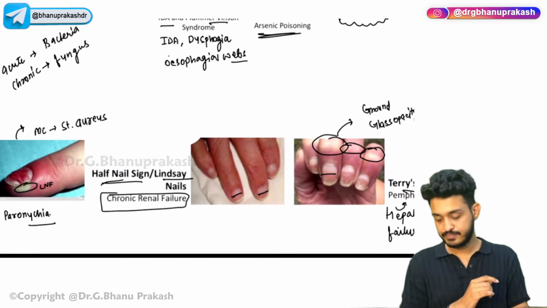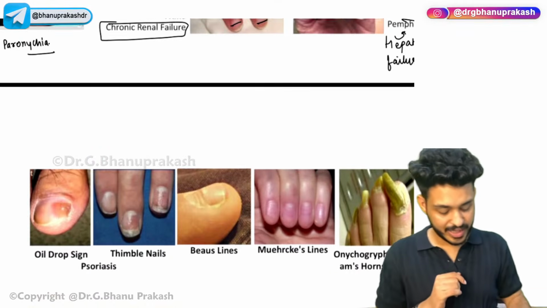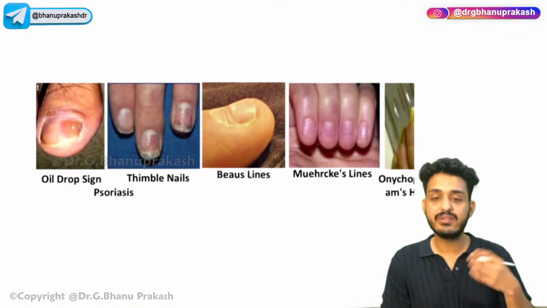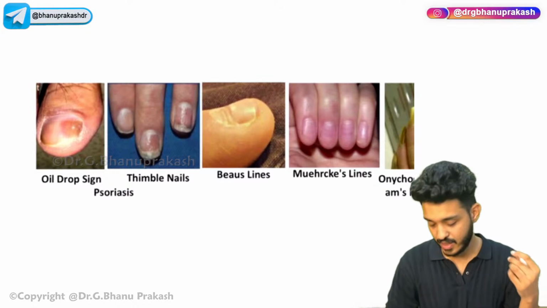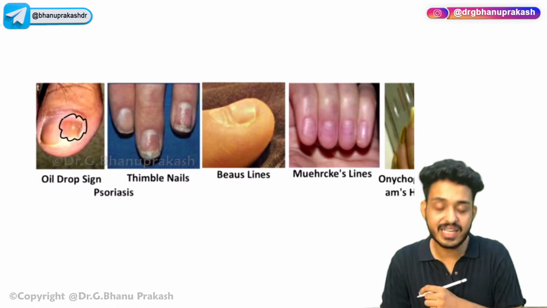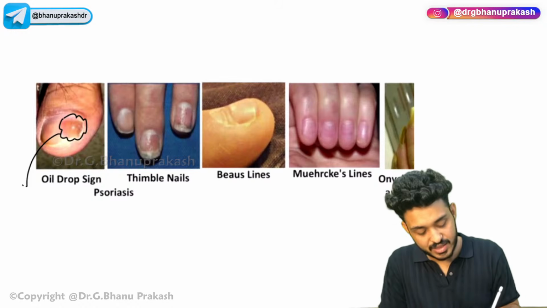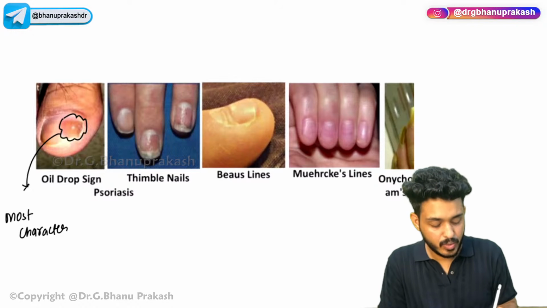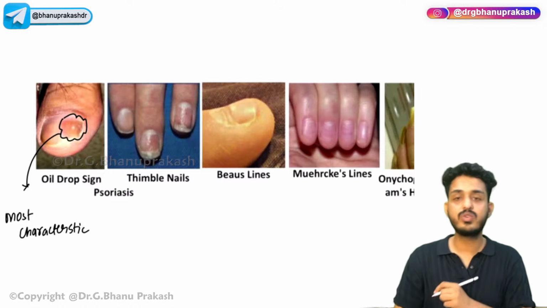Okay, done. So now moving on to the next, which is a very favorite of the examination. Examiners have asked this particular question multiple times. Okay, bache, try to answer this one. What is this particular thing that we are seeing here? This is known as oil drop sign, and it is a characteristic feature of which disease? Remember, guys, this is the most characteristic lesion.